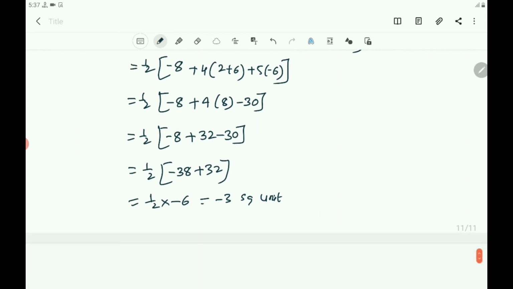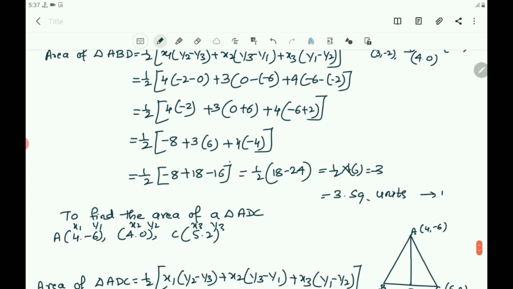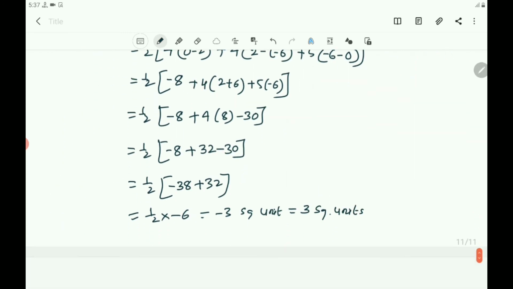Numerically you can consider 3 square units, because the area is always positive, so you have to consider the numerical value. So in both cases you got 3, the first one and the second one.